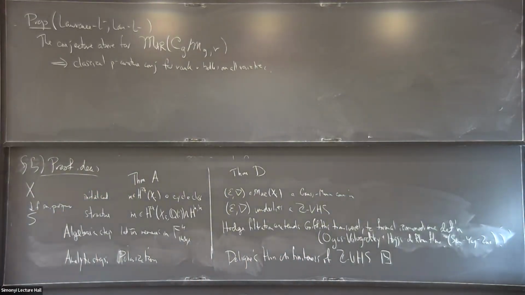So this kind of gives an algebraic, or mostly algebraic, proof of the same result. The Mochizuki I mentioned is Takuro Mochizuki.